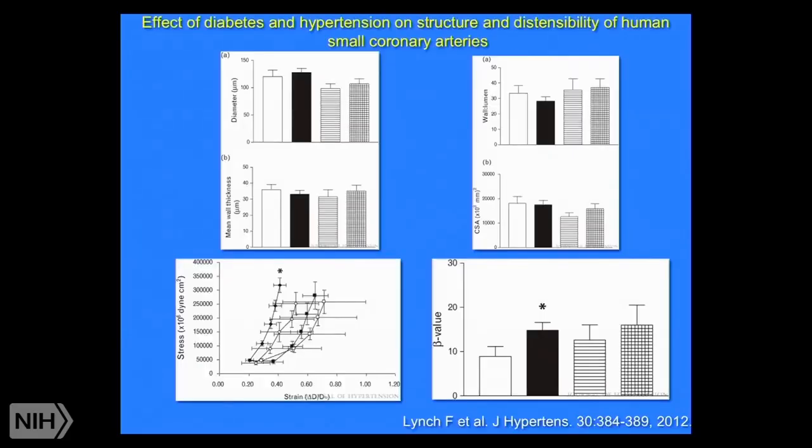I'll move on now to subjects with diabetes, but what about their coronary vessels? This is coming again from Tony Hegarty. They dissected out small arteries from atrial appendages during CABG and studied their structure, for which they did not find dramatic changes, and their distensibility.